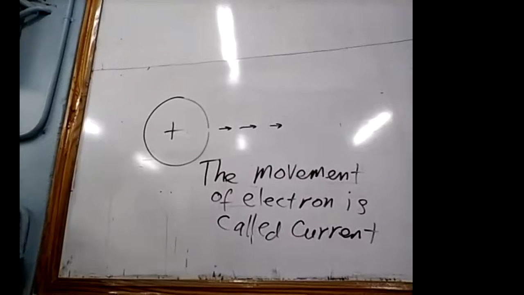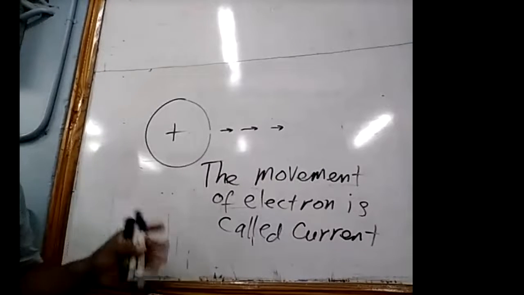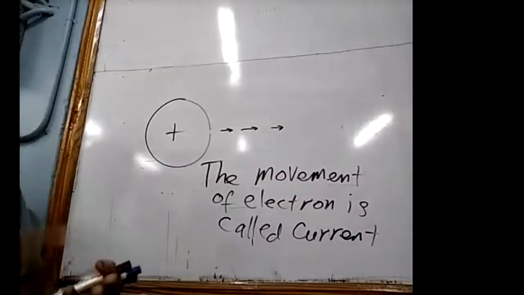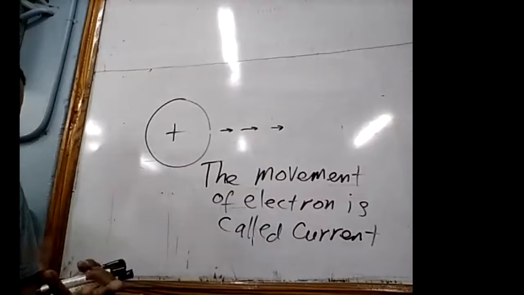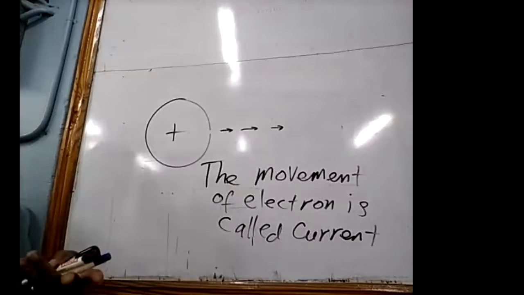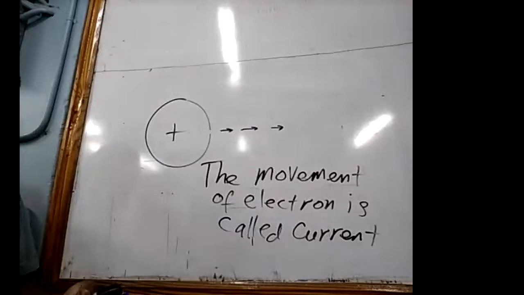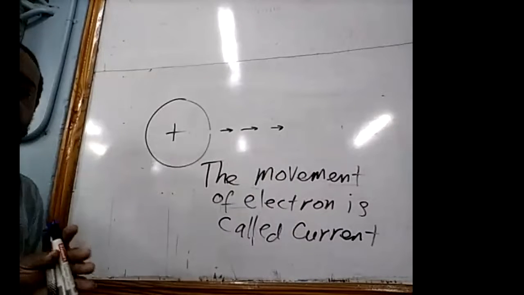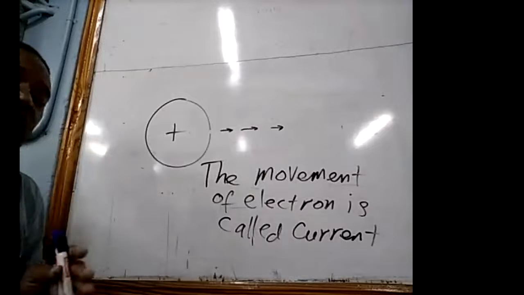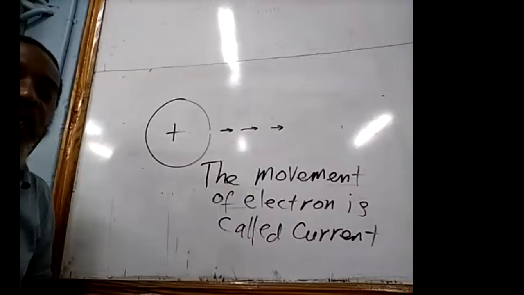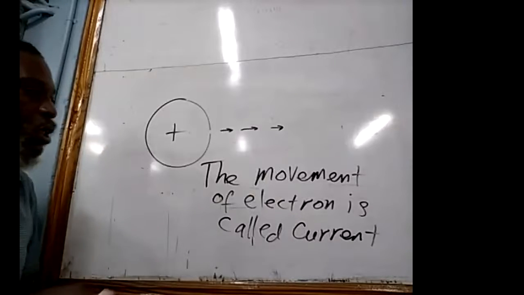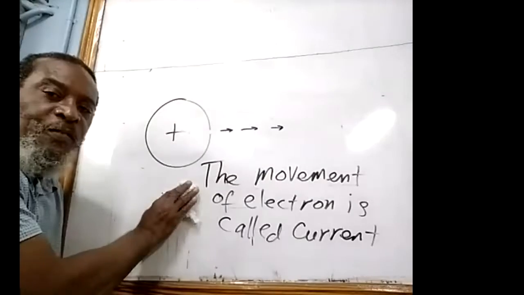All right. You see, anything at all that causes the electron to move, like the solar, the battery, the chemical, the magnet, sound, light, heat, all of those things are known as voltage. So write this now. Anything that causes electrons to move is called voltage.